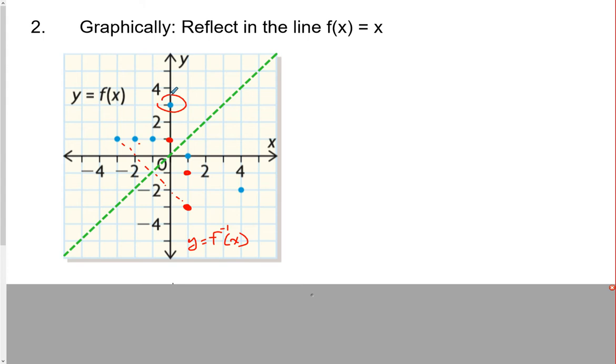I've got to reflect this one up here. Its reflection on the other side of the mirror is going to be right over here. And finally, this one down here. It's going to be reflected up here.